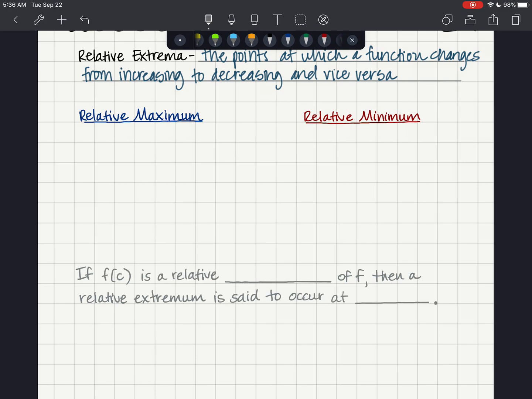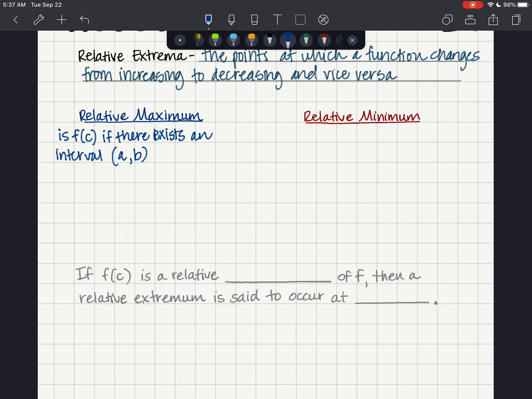Okay, your relative maximum is f of c if there exists an interval a to b. So there's an interval from a to b, and in between a and b there's going to be c.